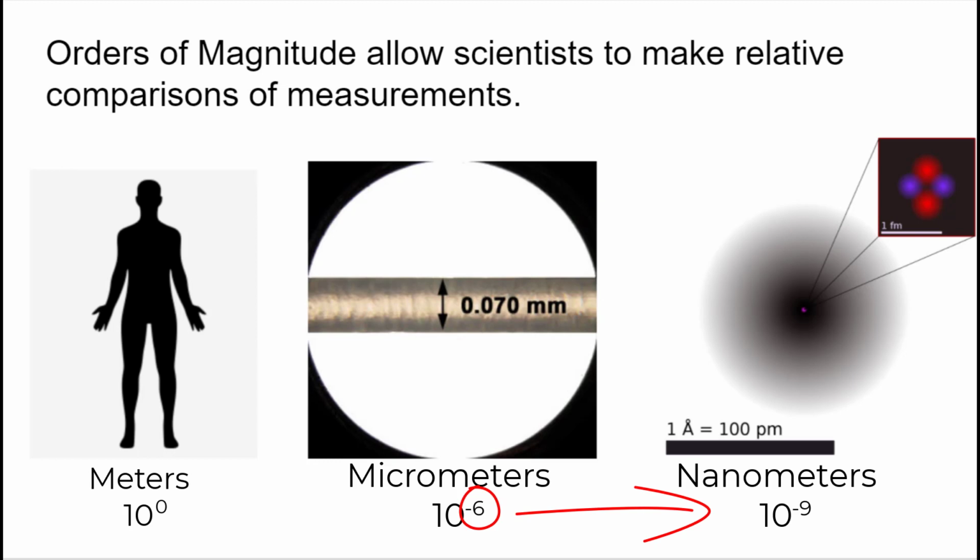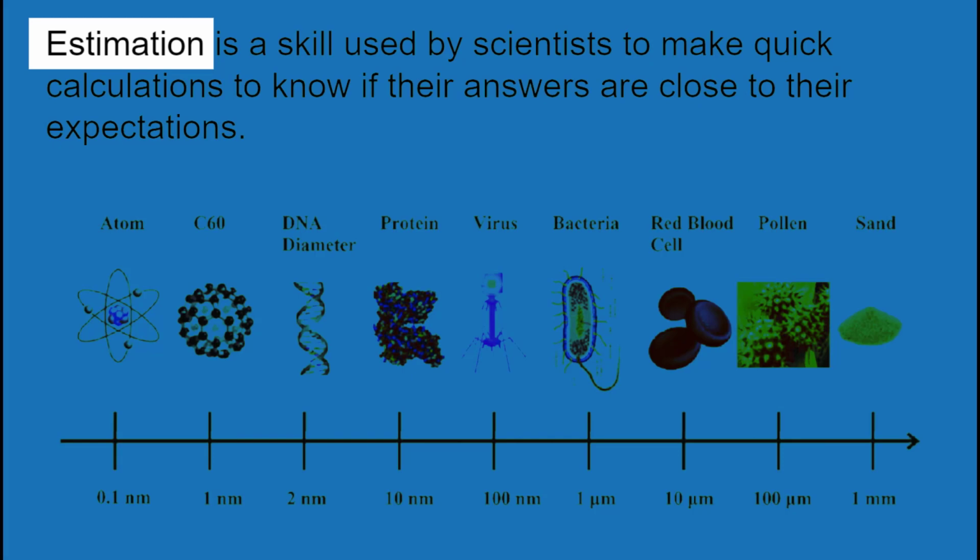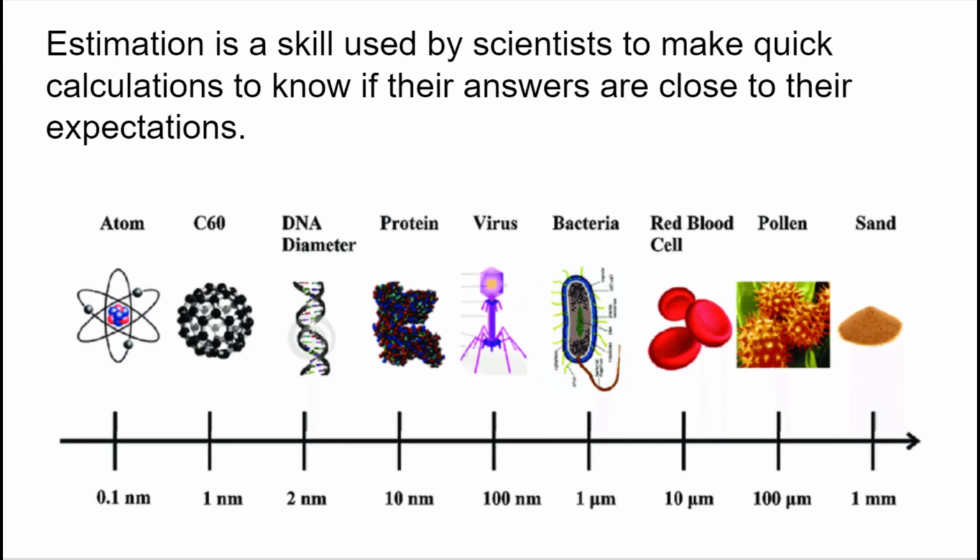This tool of orders of magnitude also helps scientists in their estimations. While science is given credit for always being precise and in search of accurate measurements, estimating plays an important role in the work that scientists do. Estimation is a skill used by scientists to give an approximate prediction based on given information.